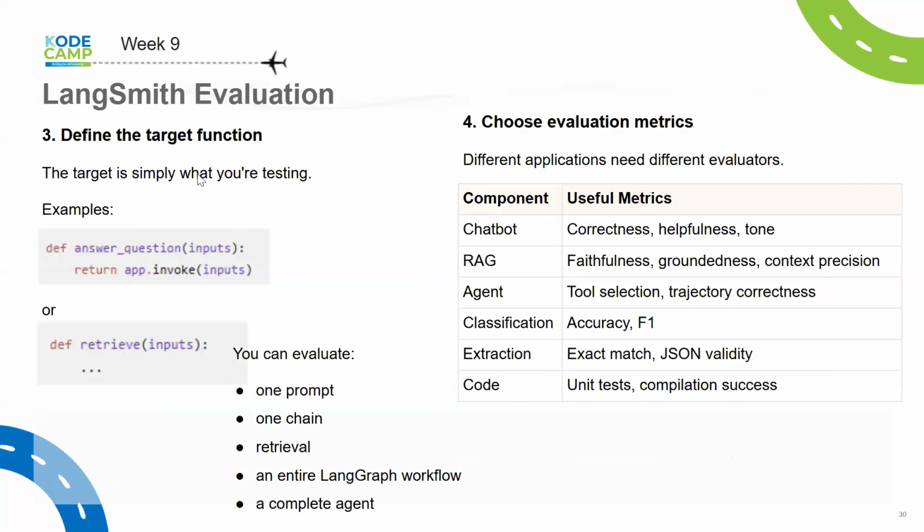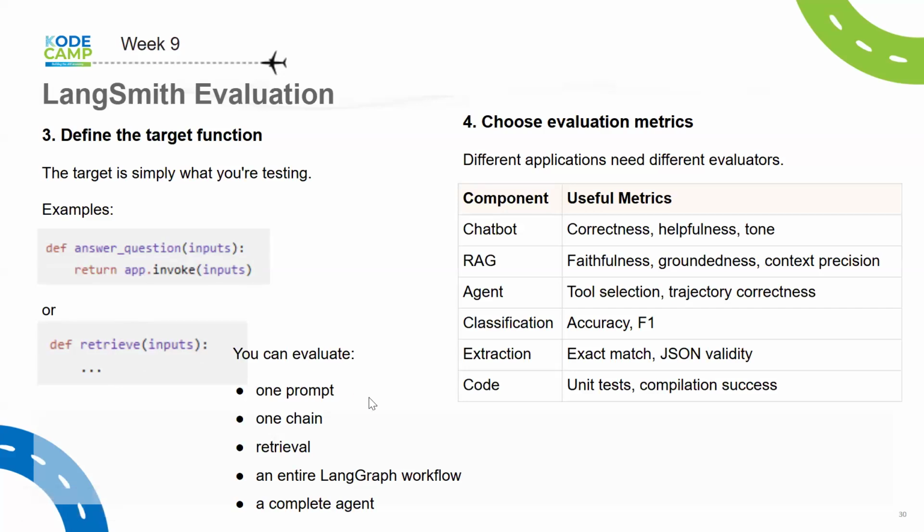Then the third thing is you have to define the target function. So the target function is what you are testing, right? In most cases, you are just going to invoke the agent or the LLM or the app, like you can see here, right? You just invoke the agent. Or if you are testing RAG, you call the retriever, you retrieve, okay?